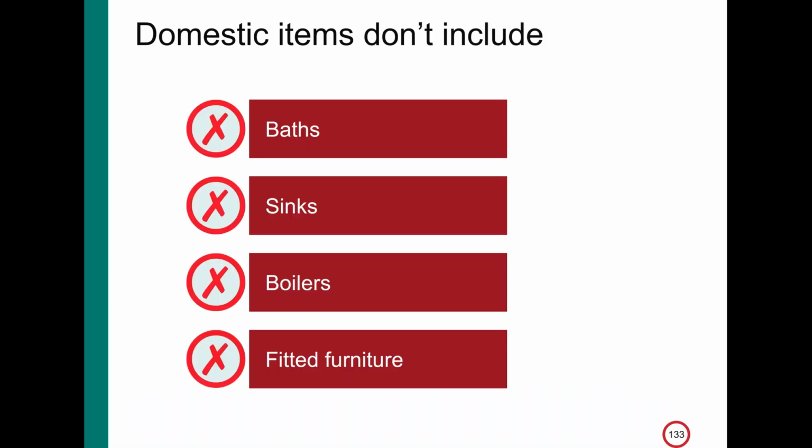Domestic items do not include items that are a fixed part of the property, for example, baths, sinks, boilers, or fitted kitchen units. These may be an allowable expense as a repair to the building, as long as there is no improvement.